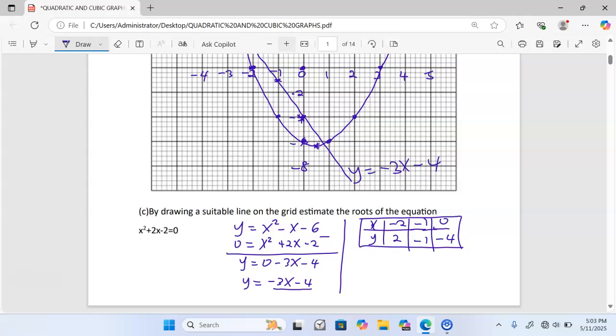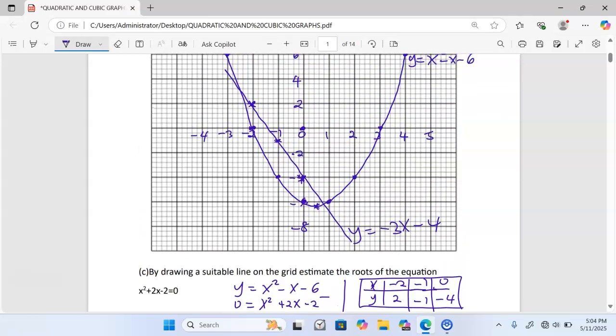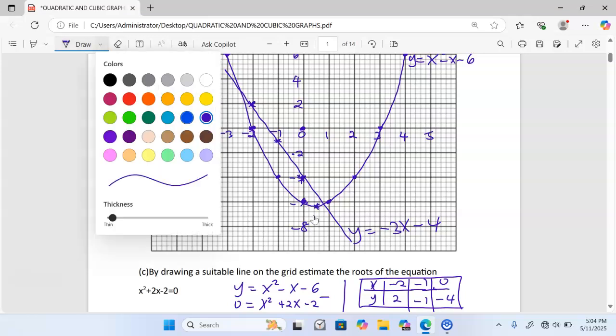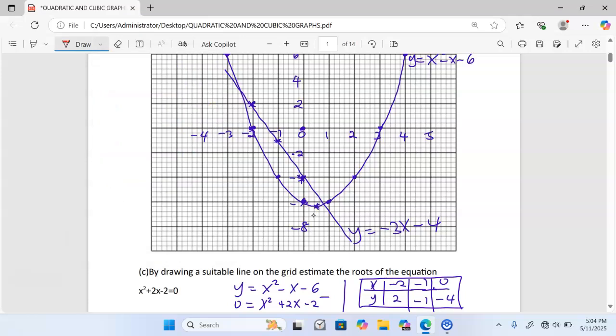From here now, we can go and solve our equation. x squared plus 2x minus 2 is equal to 0. And this is where we are going to pick the points where this curve intersects with the line. So we are going to pick this point. Let me change my ink so that we will be able to pick a point here.